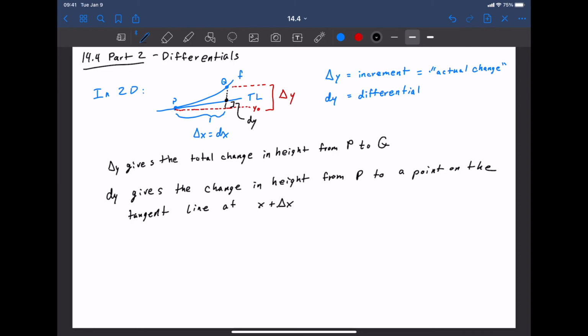So it's like if P is the coordinates x naught, y naught, then Q is the coordinates x naught plus delta x, comma, f of that value. Okay. That's all we're talking about.